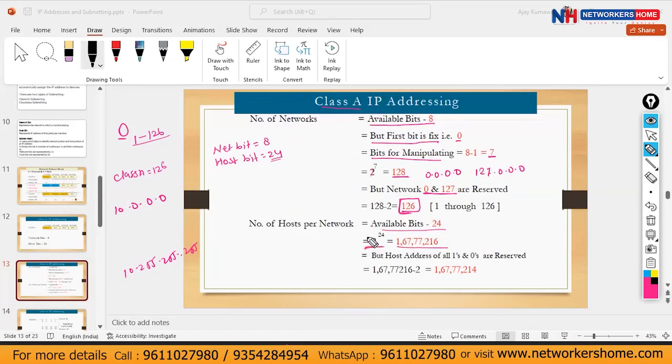Then again, the first address is the network ID and the last address is the broadcast address. These two we cannot assign, so we have to reduce these two also. So the usable IP addresses will be whatever number comes minus 2, because we have to reduce the first and the last address. First address is reserved for network ID, last address is reserved for broadcast address. Or if you want to write it easily, you can say 2 raised to power 24 minus 2.